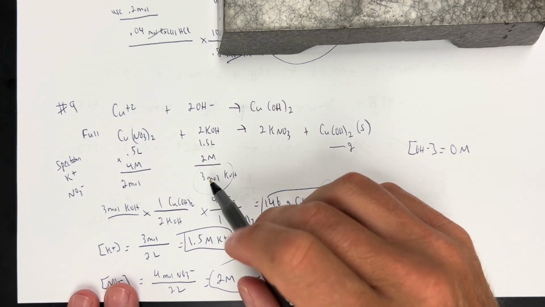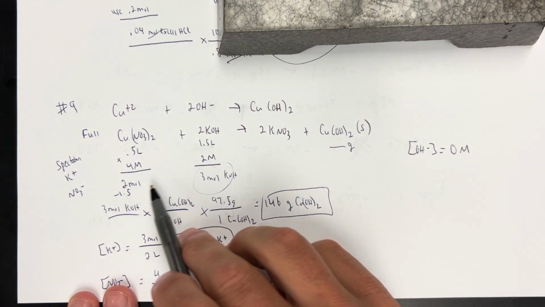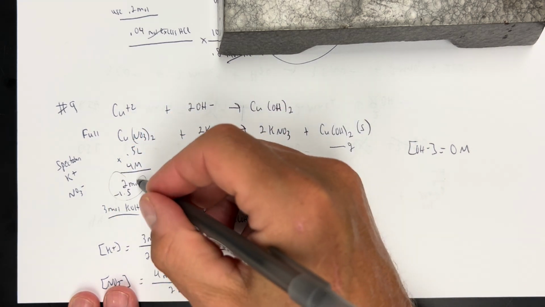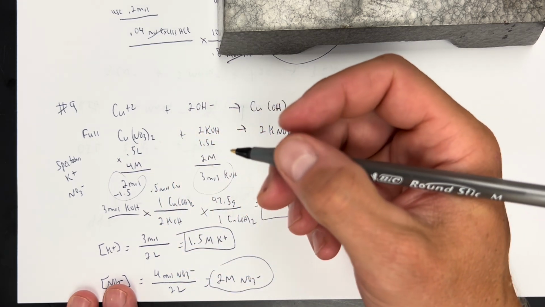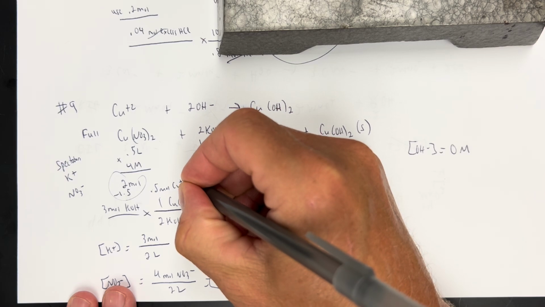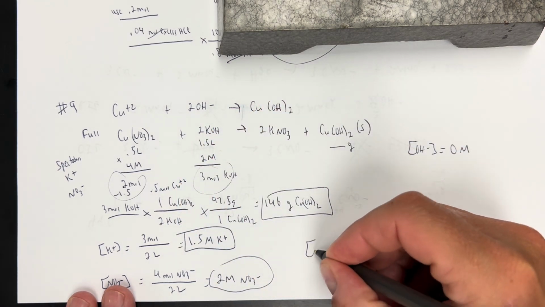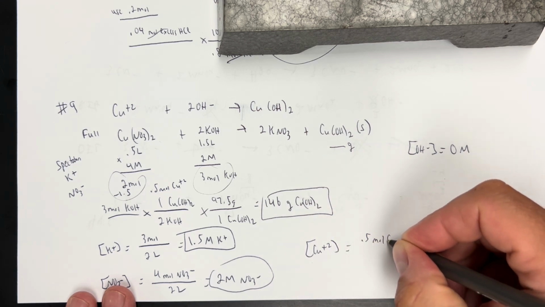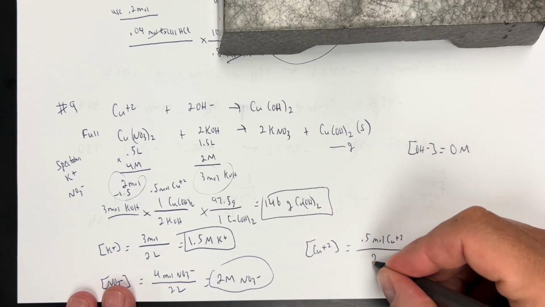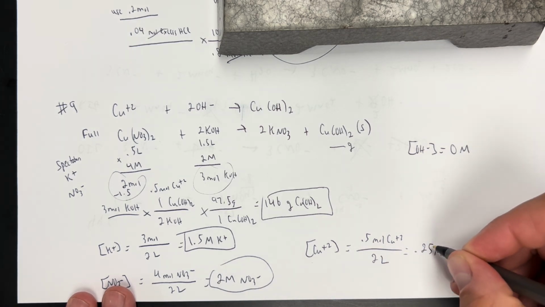If this one's going down by 3, this is going down by 1.5 because it's a 2 to 1 ratio. So that means there's 0.5 moles of copper ions still floating around in solution. So our concentration of copper ions, 0.5 moles in 2 liters of solution, is 0.25 molar.